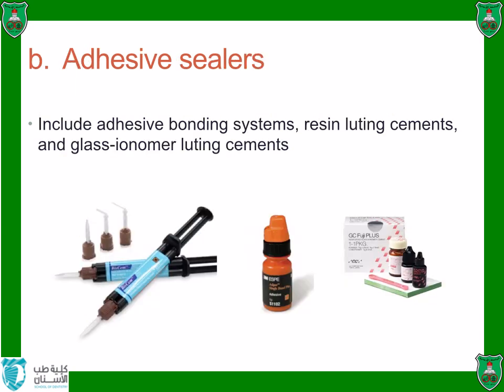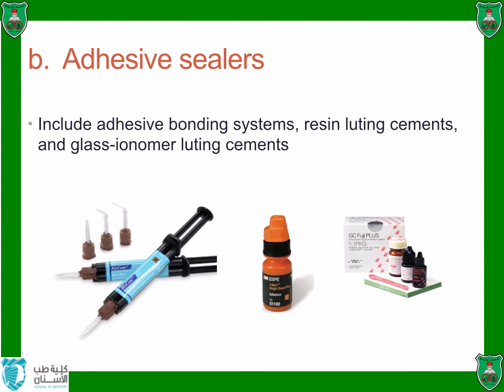Now, the other type of sealer is the adhesive sealers. Those include adhesive bonding systems, resin luting agents, and also glass ionomer luting cement. We will speak about adhesive bonding systems and resin luting cements in another lecture, and we have spoken about glass ionomer luting cements in another one. Those sealers adhere to the tooth structure.